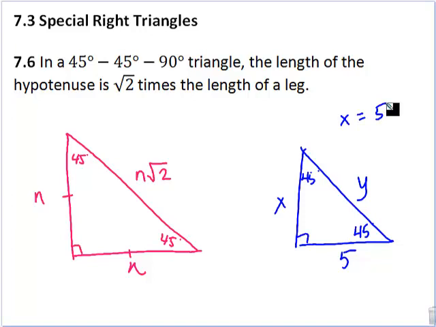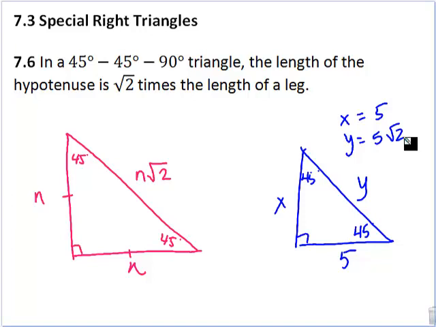Okay? Because we see in our 45, 45, 90 triangle the two legs are the same. All right? What would the hypotenuse have to be? So over here. Square root of 2? Yeah, good. 5 square root of 2. So over here we see that our hypotenuse was n square root of 2. We figured out that this n was 5, so we can write it as 5 square root of 2.